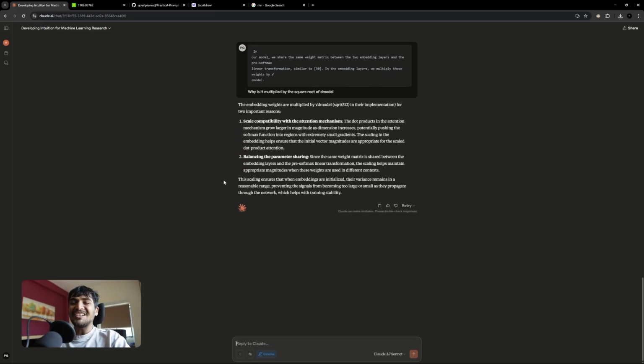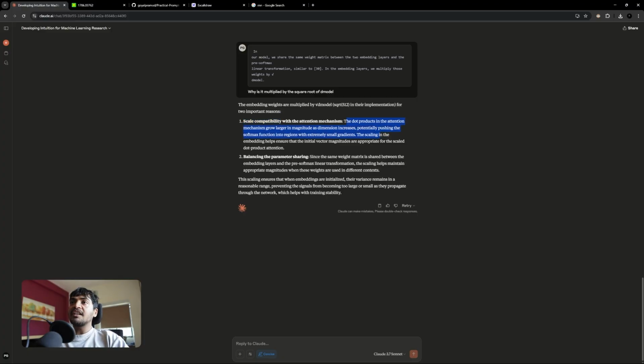Most of the times that I have seen from experience, it's always scale compatibility. The scale should match, or it is either scaling or normalizing it, to make the computation more efficient and make it easier for training and generalization. So: scale compatibility with the attention mechanism.